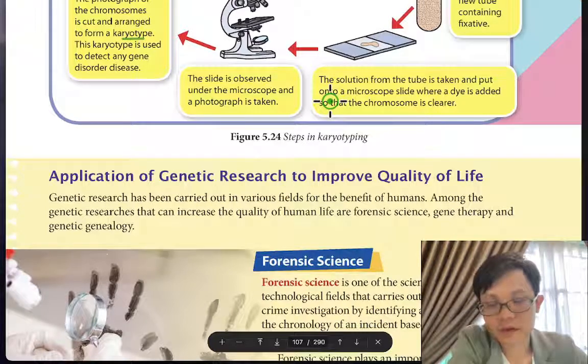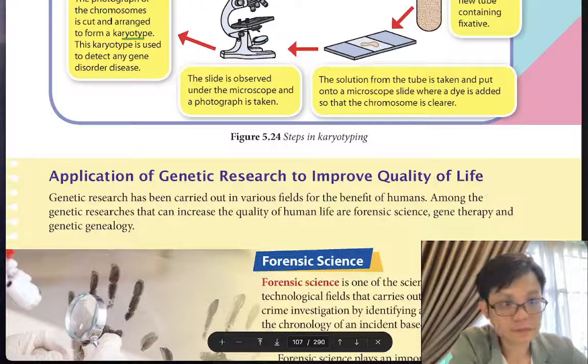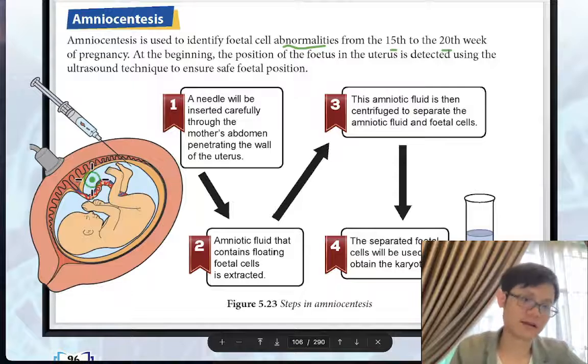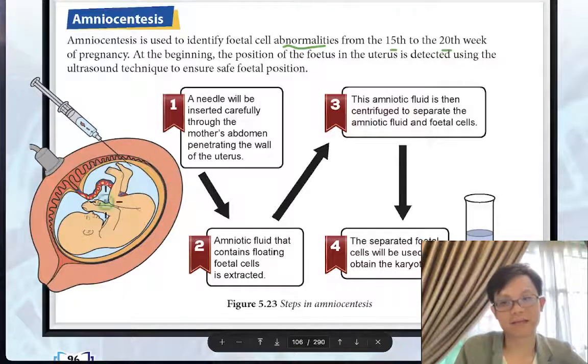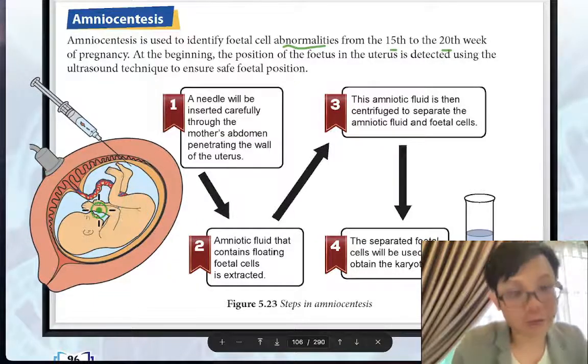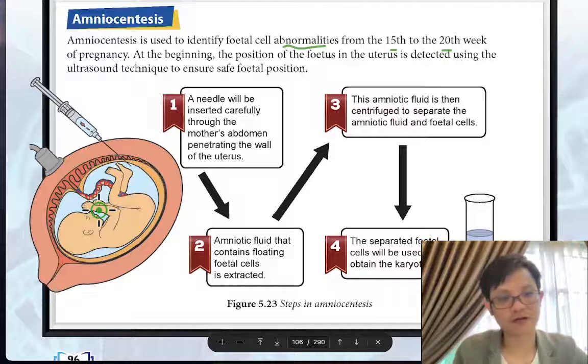So, application of genetic research to improve quality of life. Let's say, I ask, if the doctor checks and the baby has a problem already, then the doctor asks the parent, should you abort the baby? So what do you think the parent should do and why?